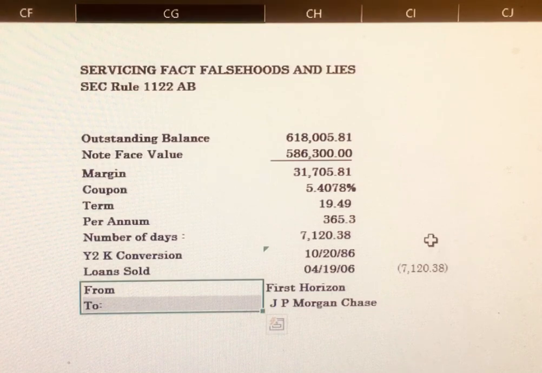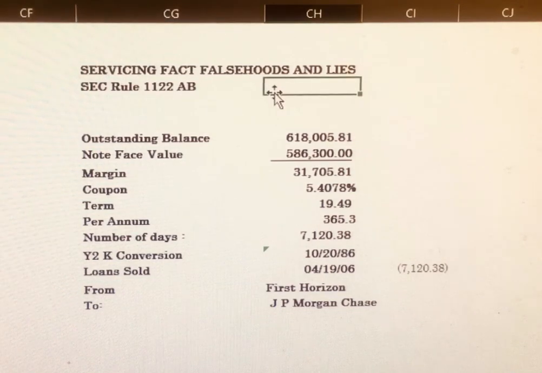But more importantly, you've got to understand that there are some things you need to pay attention to if you're going to be a servicer doing this kind of stuff. Most importantly, I think, is SEC Rule 1122AB. Under 1122AB, your servicer most likely had to issue an attestation.